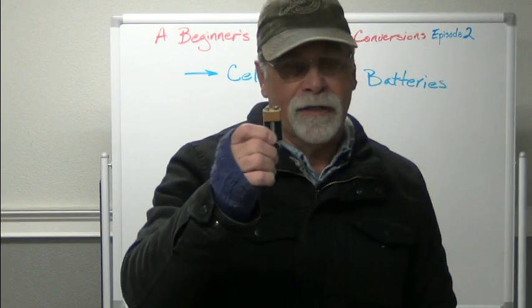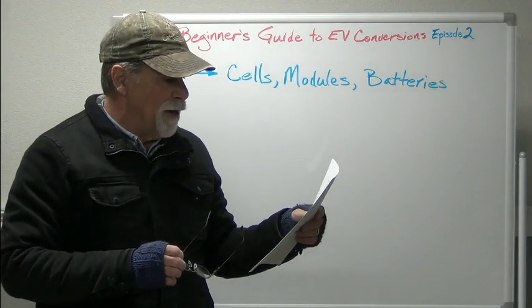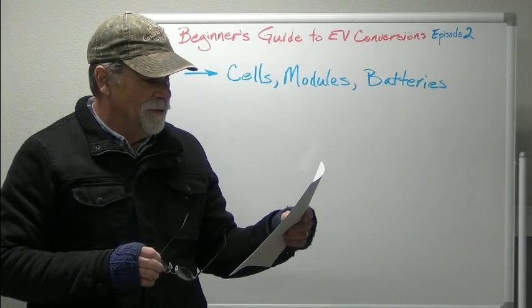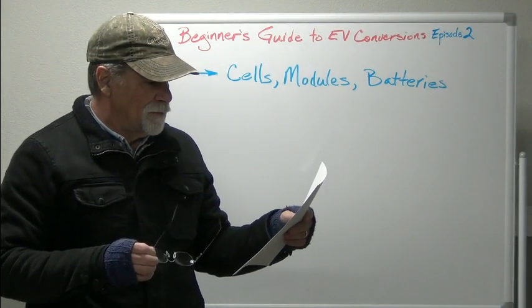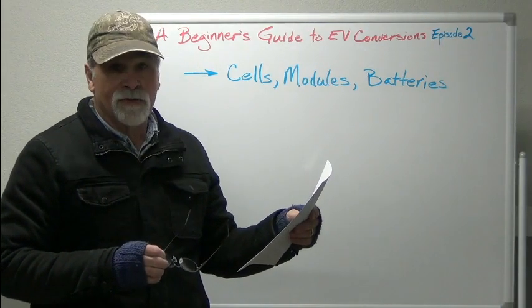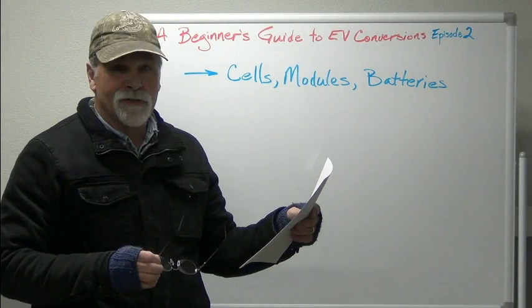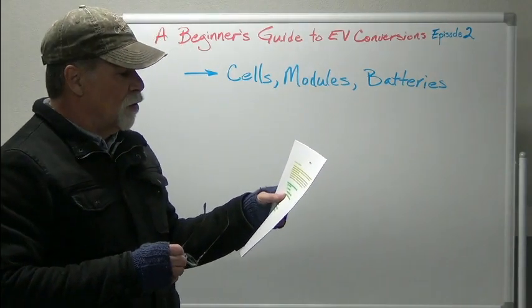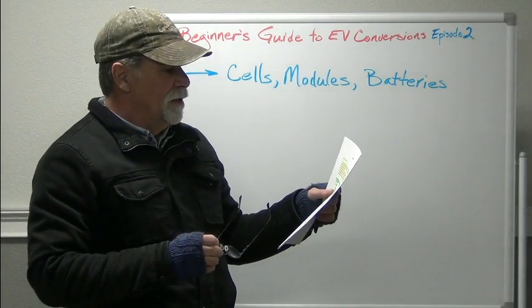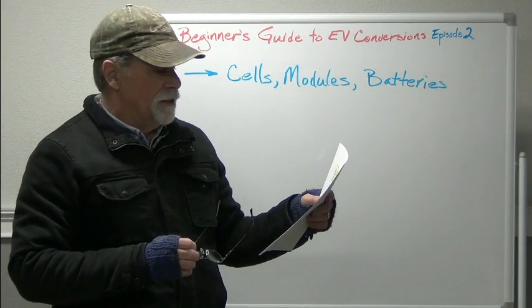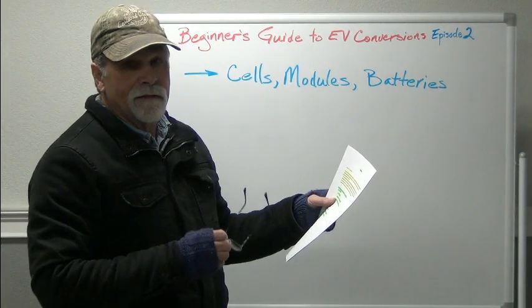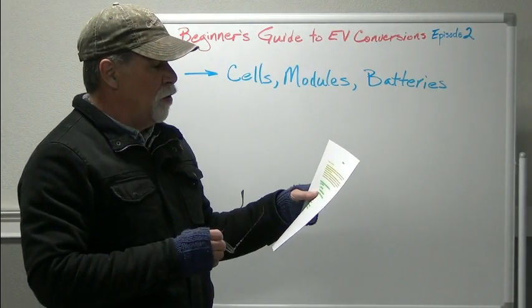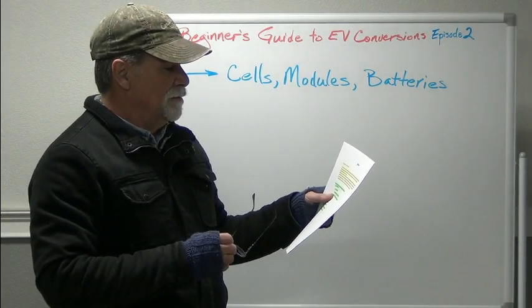This is a battery. And to be clear what a battery is, we're going to use Webster's dictionary. It defines a battery as a group of 2 or more cells connected together to furnish electric current. Key here, 2 or more cells connected together.